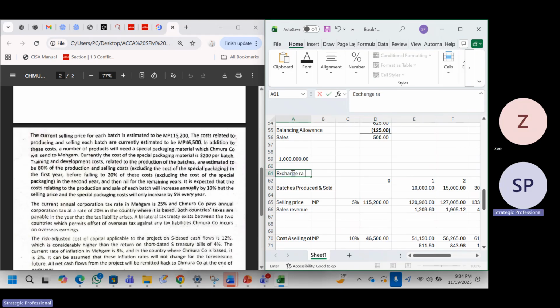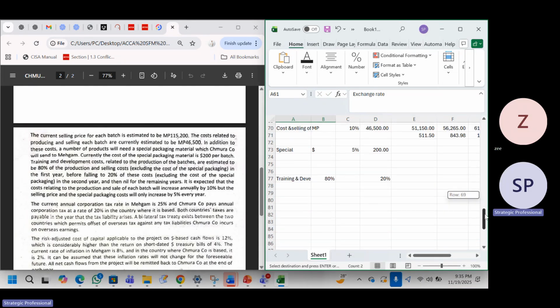Exchange rate. Let's just do it here. Exchange rate MP to $1 is what? It's current, right? That's year zero.